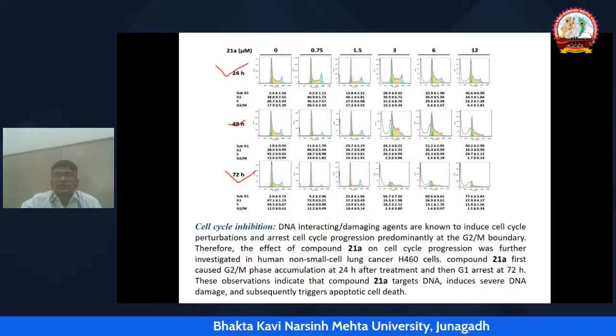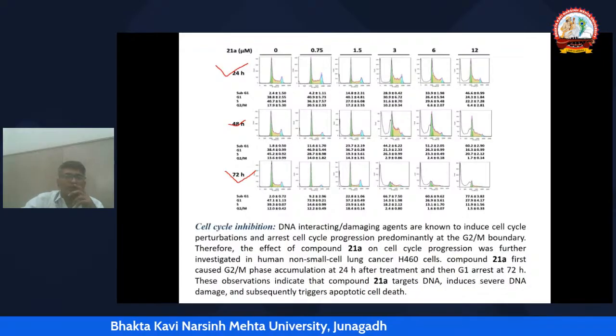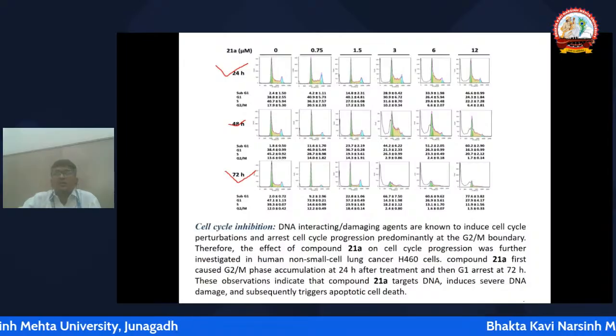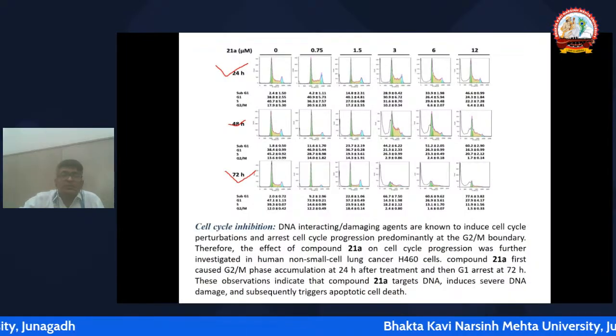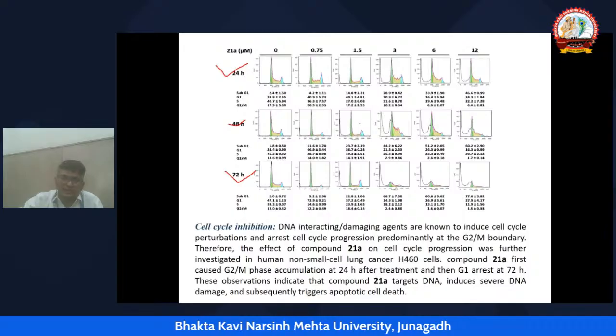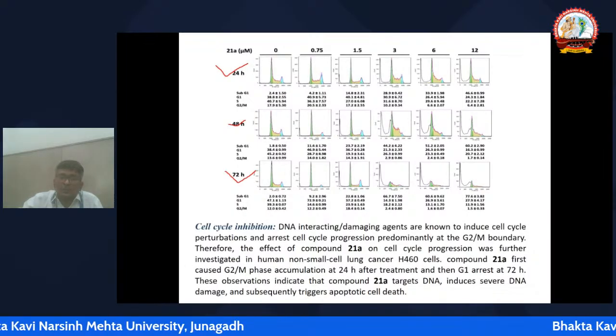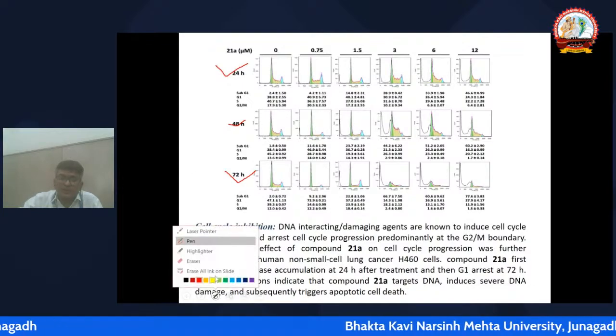This observation indicates that compound 21A targets the DNA, induces DNA damage and triggers apoptotic cell death. So this is the mechanism of how cell cycle inhibition takes place.